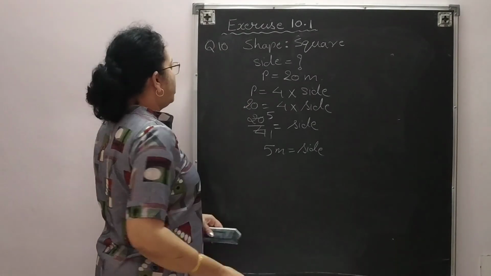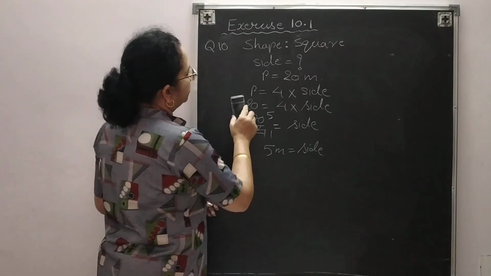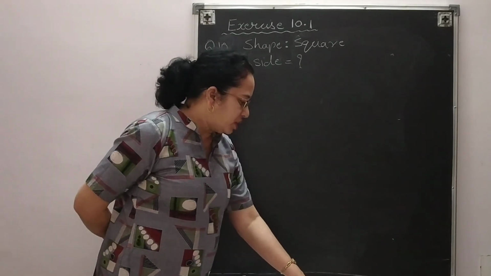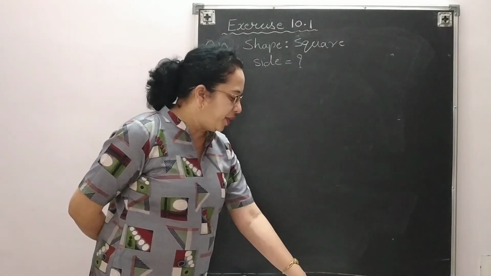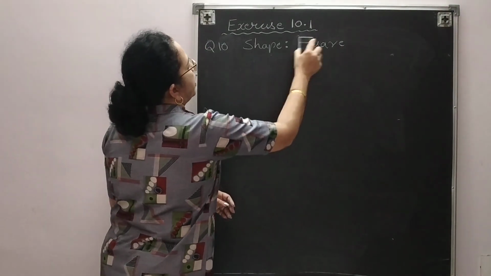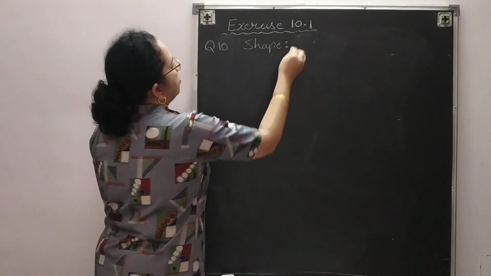Next that I am going to take is question number 10. Here it is given the perimeter of a regular pentagon. So the shape given here is a regular pentagon.